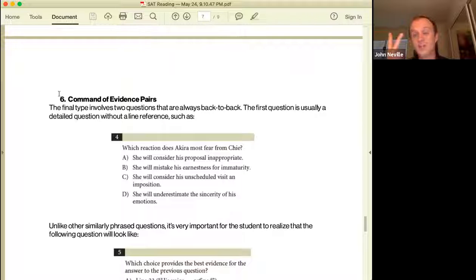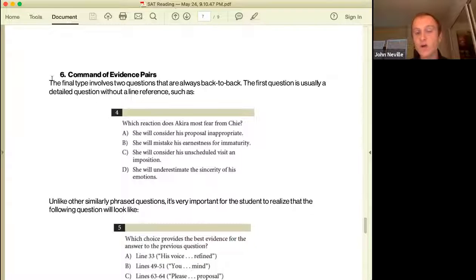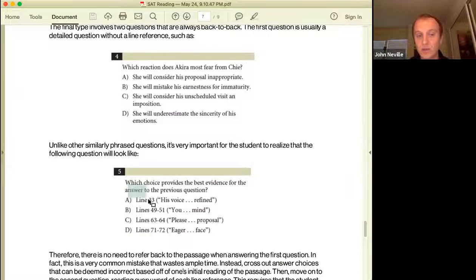And then the last question type that we have here is probably one of the most important because it has two questions in it. It's a pair, and it's called the command of evidence pair, okay? These questions are always back to back. This is the reason why you always need to track what is the question that comes after the question that I'm on. For every single question on the SAT, on the reading section, you want to use your peripheral vision to see, does the next question look like this?